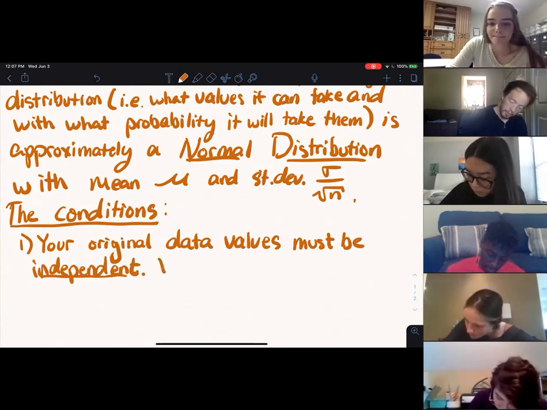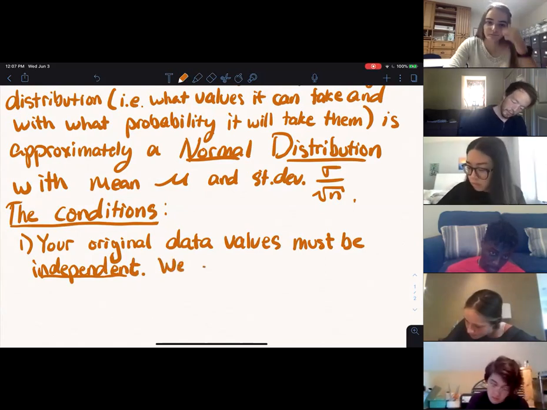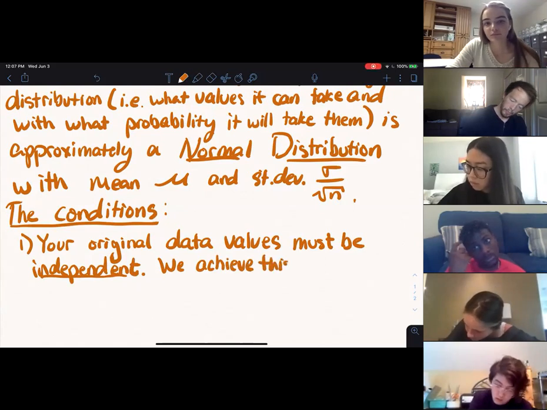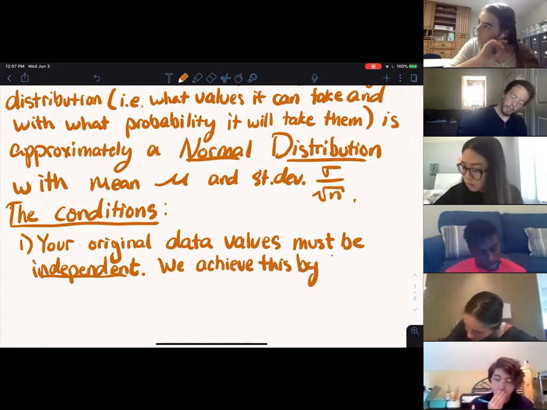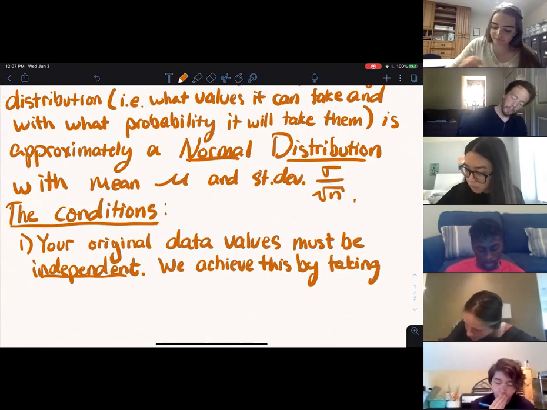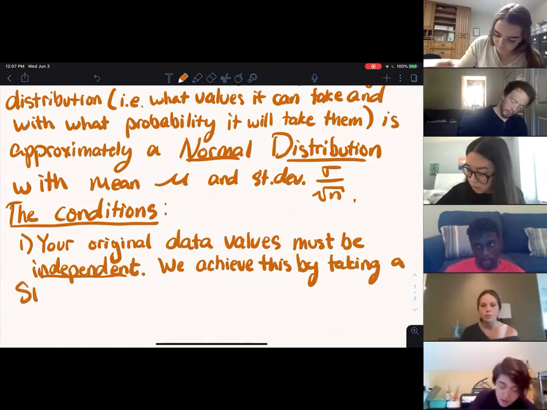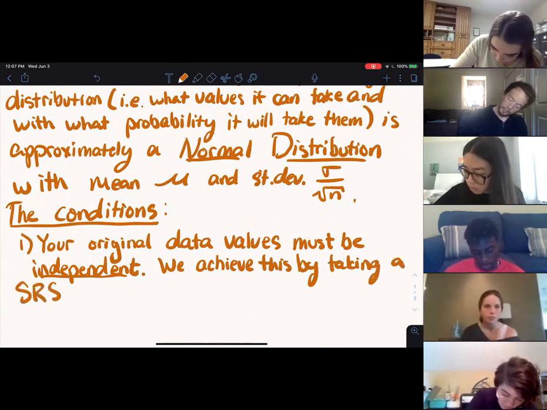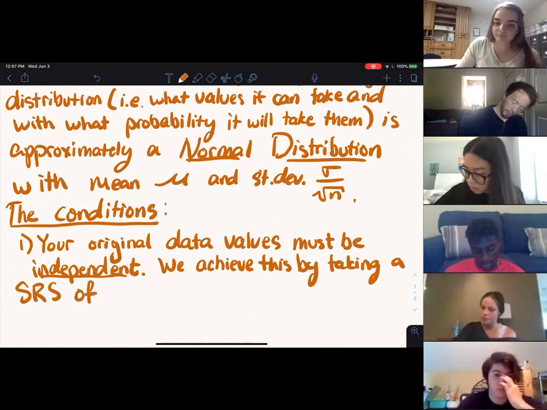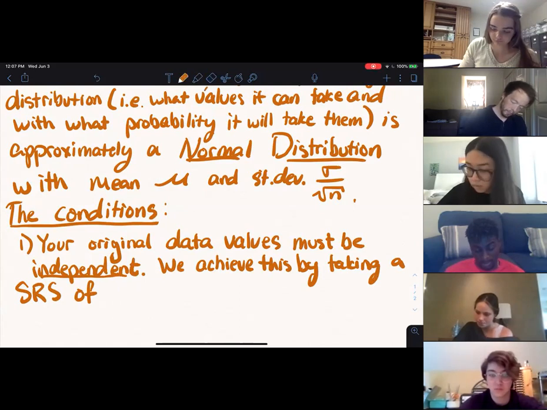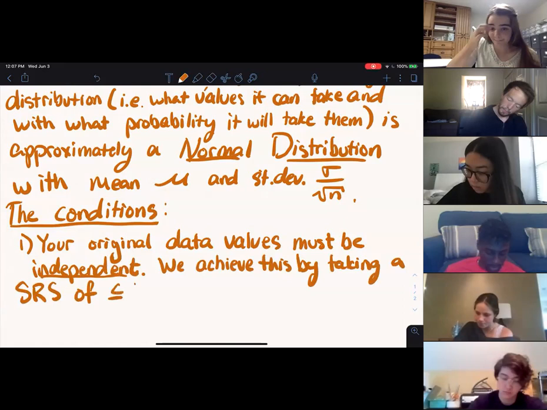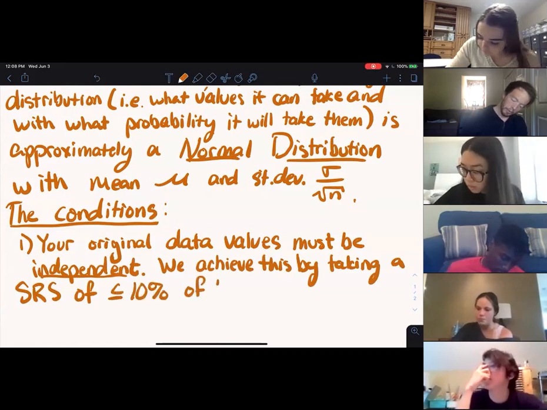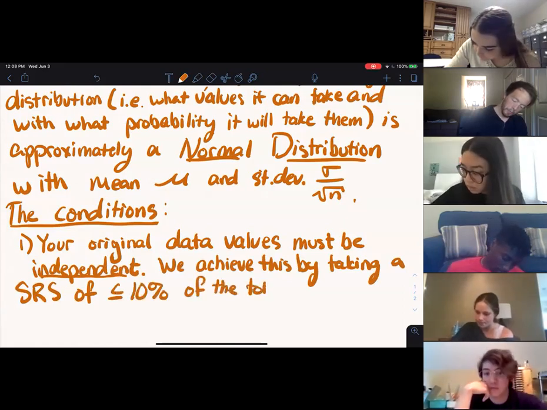Previously in this class, we achieved this by taking a simple random sample of less than or equal to 10% of the total population.